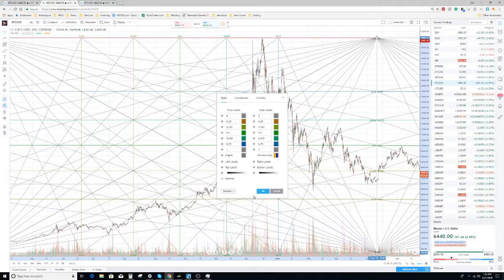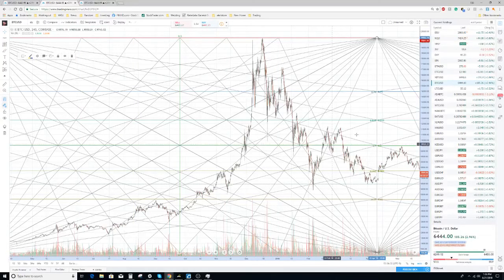Gann's angles that he used are in the same realm as naturally occurring Fibonacci sequences. So that's what we see here. But the time cycles, I would get rid of them except for the 50% one, because you're not going to need those.